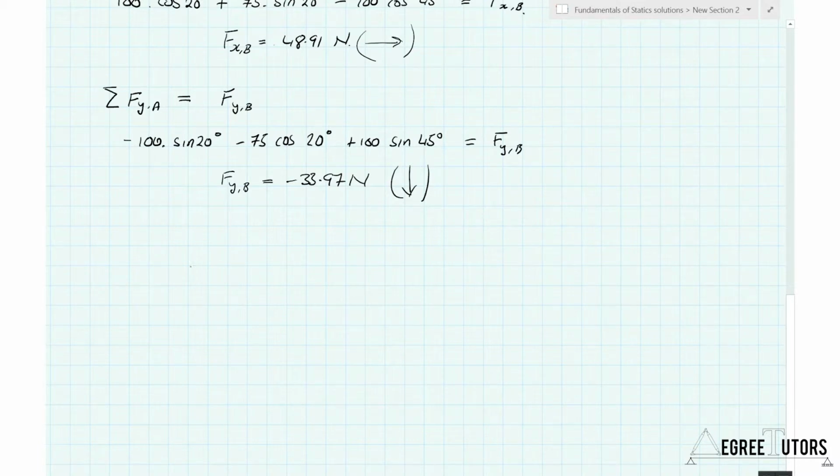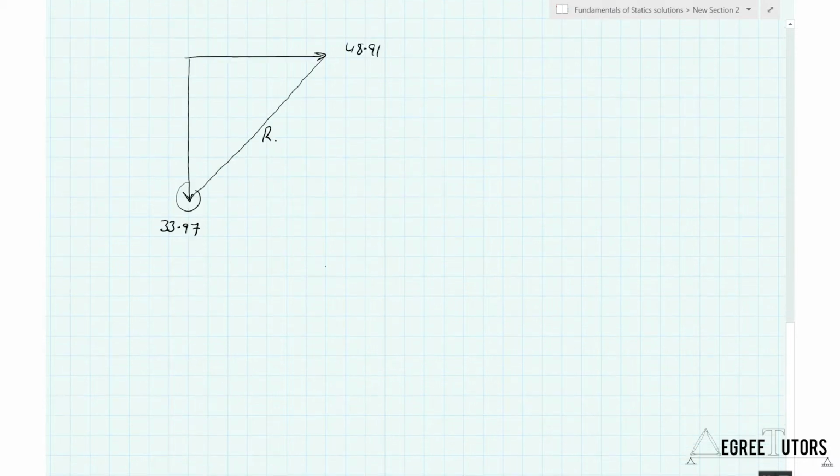If we simply sketch out FxB equal to 48.91 and FyB equal to 33.97. You'll notice I haven't put the minus sign in here because the direction of the arrow is indicating the orientation of the force. So we have a right angle triangle. Okay, so we know that the resultant force is going to have a magnitude equal to the length of this line.